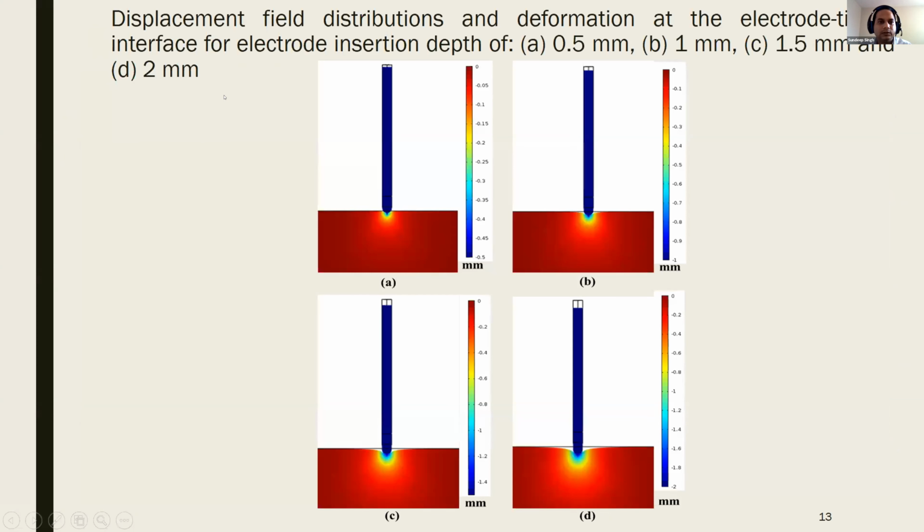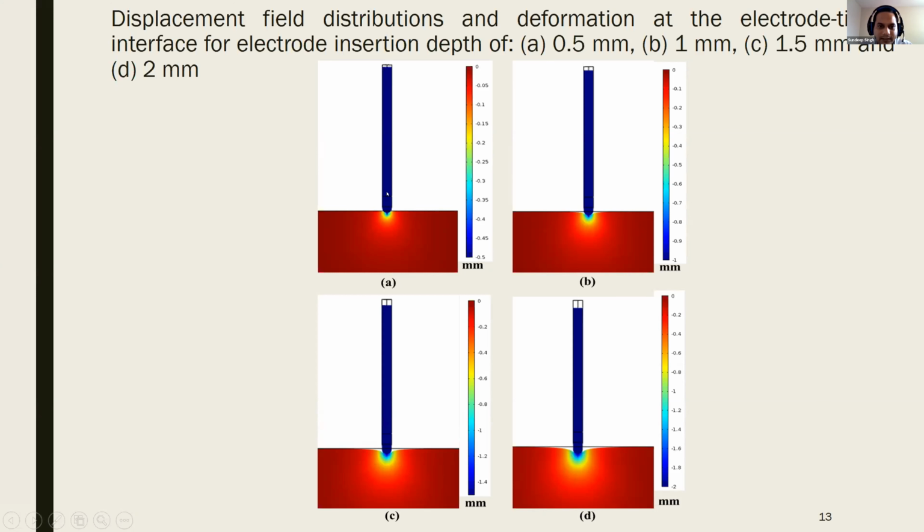So these are the displacement field distribution and deformation at the electrode interface. As you can see, these are for different values. We have defined a prescribed displacement at this electrode in the vertically downward direction, and these are 0.5, 1, 1.5, and 2 mm, for the range between 10 to 40 grams of contact force that has been assumed to be safe and reliable in the clinical trials of cardiac ablation.